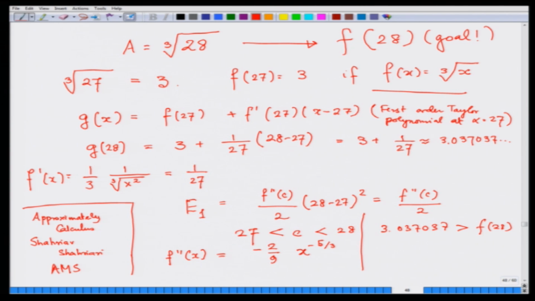As I move from 27 to 28, this quantity will continue to remain negative and it will go down, and as a result you can actually say between which two values f 28 lies. So, this could be a little homework, find two values between which f 28 lies. So, where does f 28 exactly lie, you can pinpoint it, and that will give a better estimate of f 28.